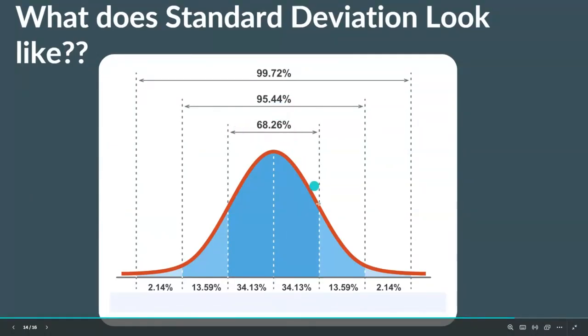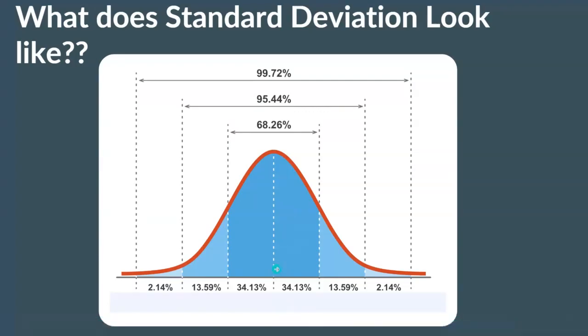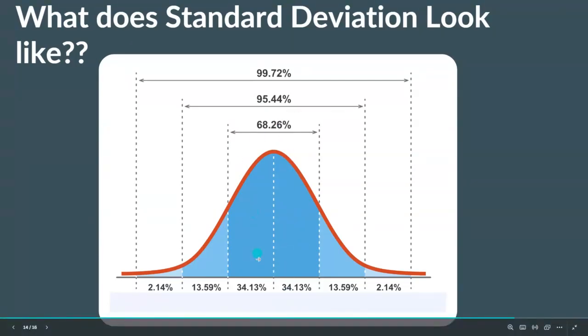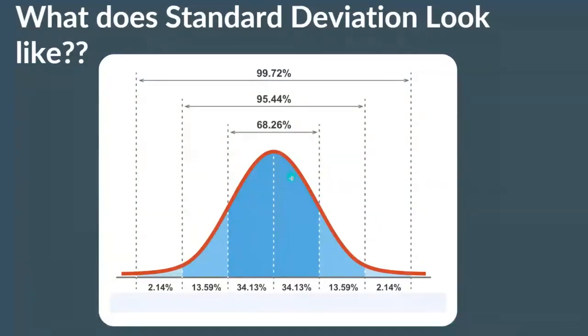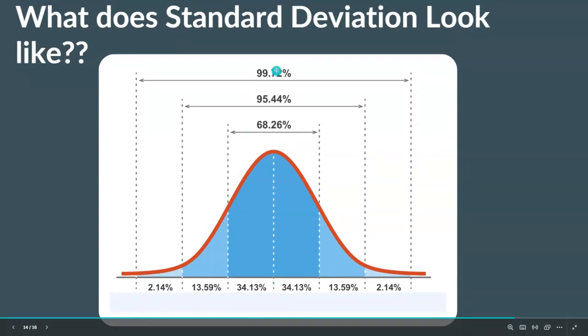We would know that 68% of all of the other women fall within one standard deviation from the mean. Then we work out the standard deviation to get that value. So let's pretend we worked it out and we got a standard deviation of 2. That would mean that 68% of women in South Africa have heights within 2 feet of the average, which we've said was 5-ish, 5.5.